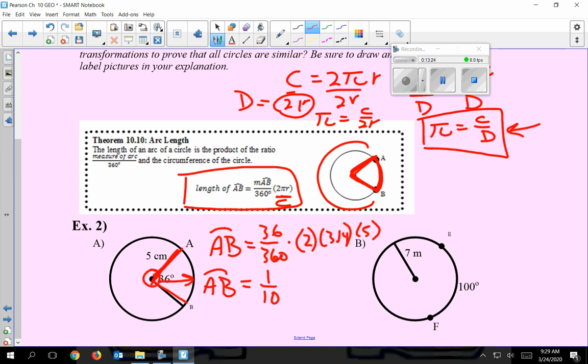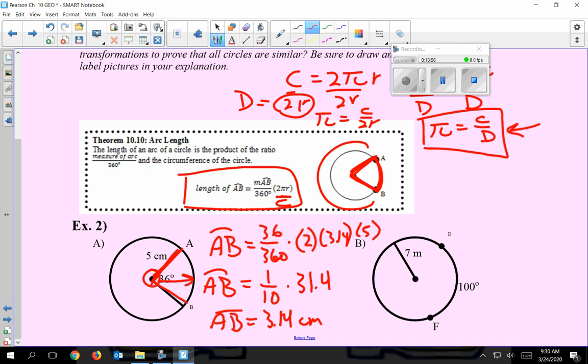Times 2 times pi times 5, that's going to get me 31.4, and then I multiply that, and I should get that the length of AB is actually 3.14. They did give me a unit measure, so it's in centimeters. I'm not finding area, so it's not squared, it's just that long, okay?